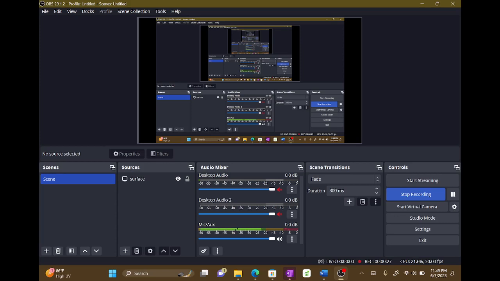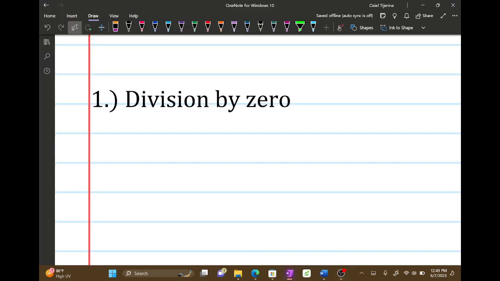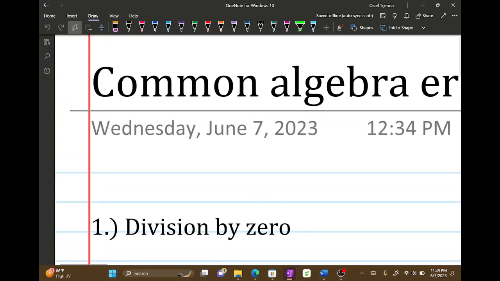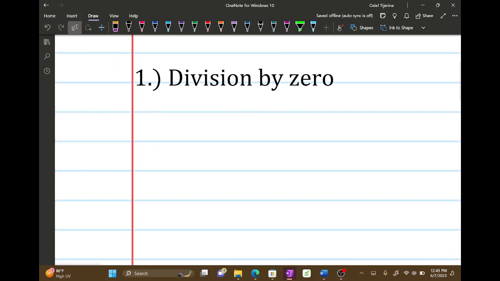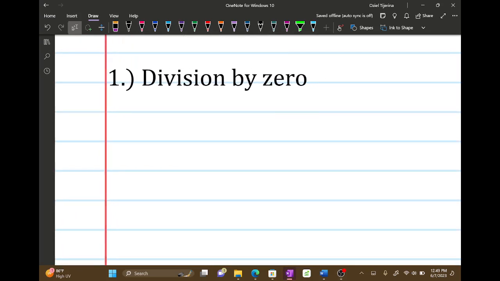These are basic algebra mistakes and things that students tend to forget about, just arithmetic and common algebra mistakes that make calculus very difficult if we don't know them.